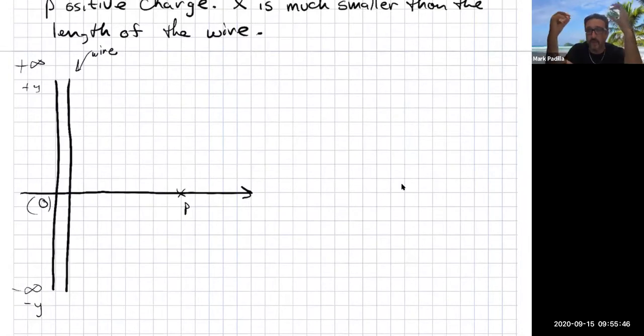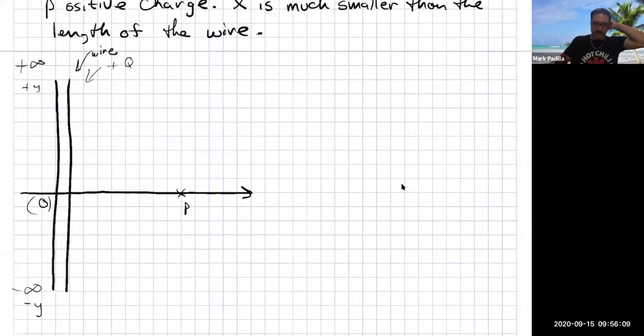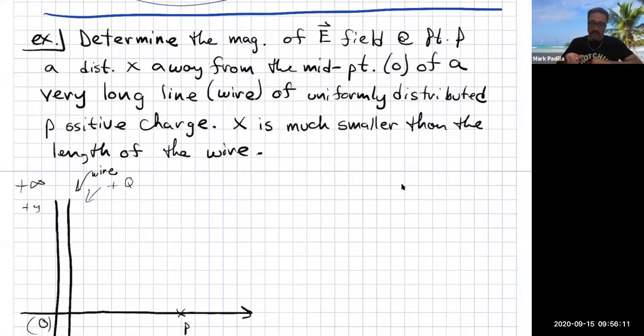So we just have a wire, and it has plus Q on it. And I'm asking you, what is the electric field at point P due to this infinite wire? What is the equation that governs that? So an infinite wire, basically, or a very long wire of uniformly distributed positive charge, where x is much smaller than the length of the wire.